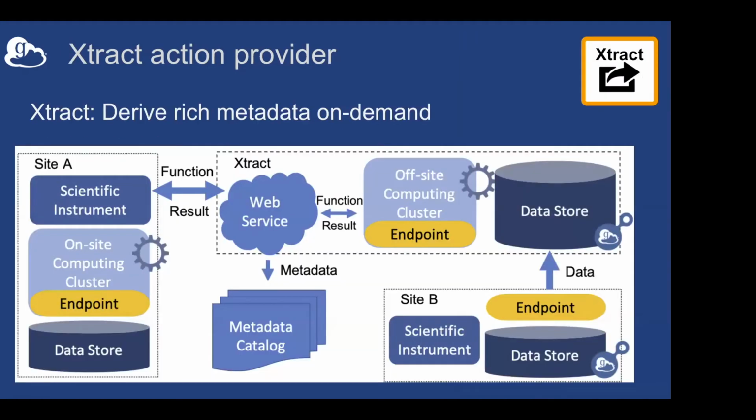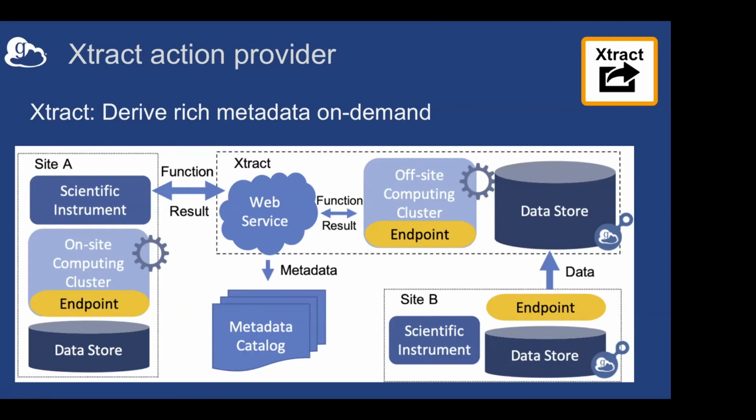Another external, if you will, action provider that I want to talk about just briefly, again, this is another one that's in development in Globus Labs, is the extract service. So the idea here is that you want to typically automate the extraction of metadata, in some cases other types of content, from data coming, again, I'm showing an example here of data coming off an instrument.